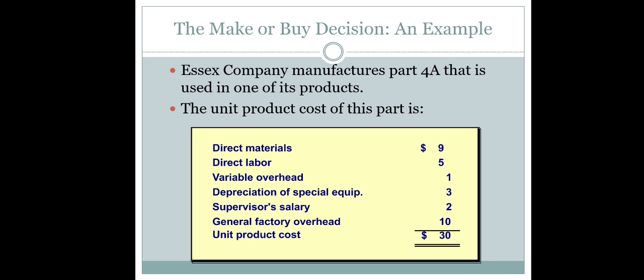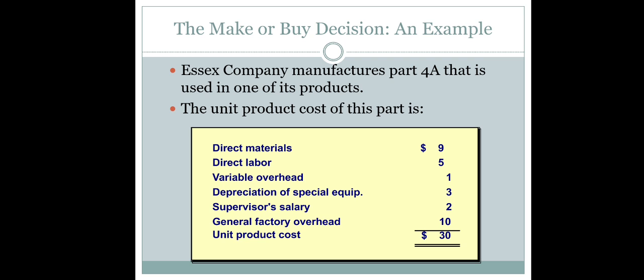Now from this data, you have to be aware that some of these costs of making part 4A are relevant costs, and some are irrelevant costs. For example, the direct material cost is relevant, and direct labor cost is relevant.